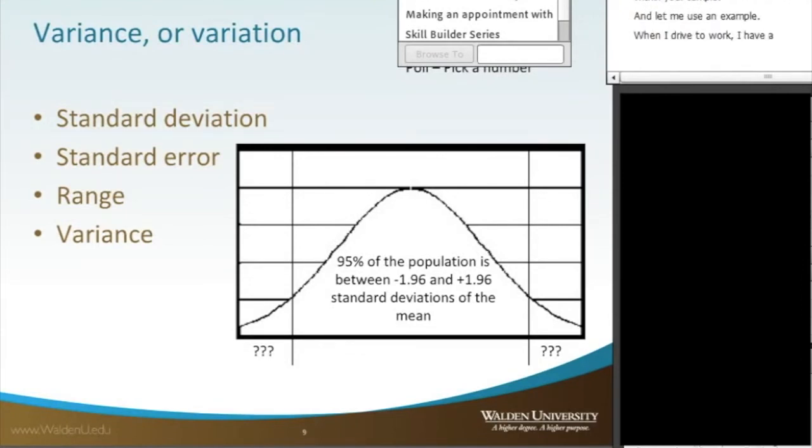It's about an hour and 15 minutes on average. But if I don't have any traffic, if I drive during off times, I can get to work in about an hour. But if I hit rush hour, sometimes it can be an hour and a half or more.